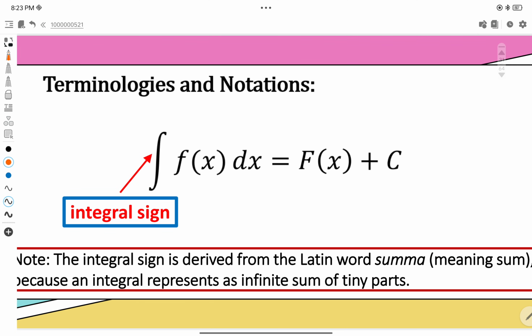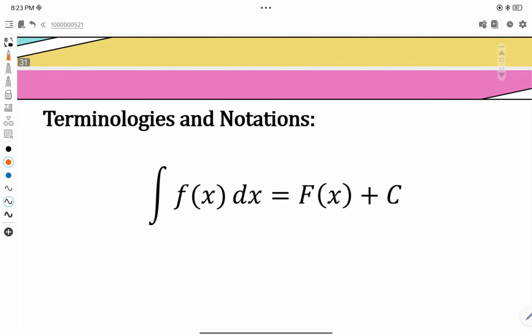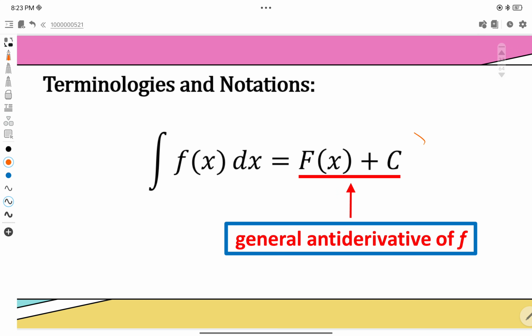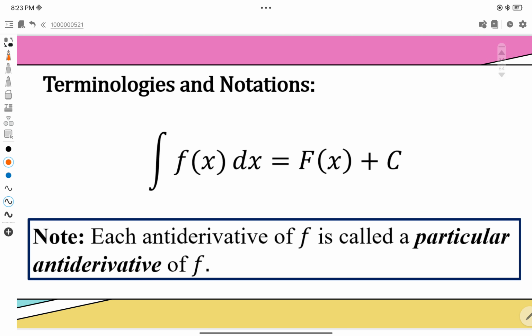The elongated S is called the integral sign, and the function f of x here is the integrand. The answer of the integration process is called the general antiderivative. Considering a particular value of the constant c will give you a particular antiderivative of the function.